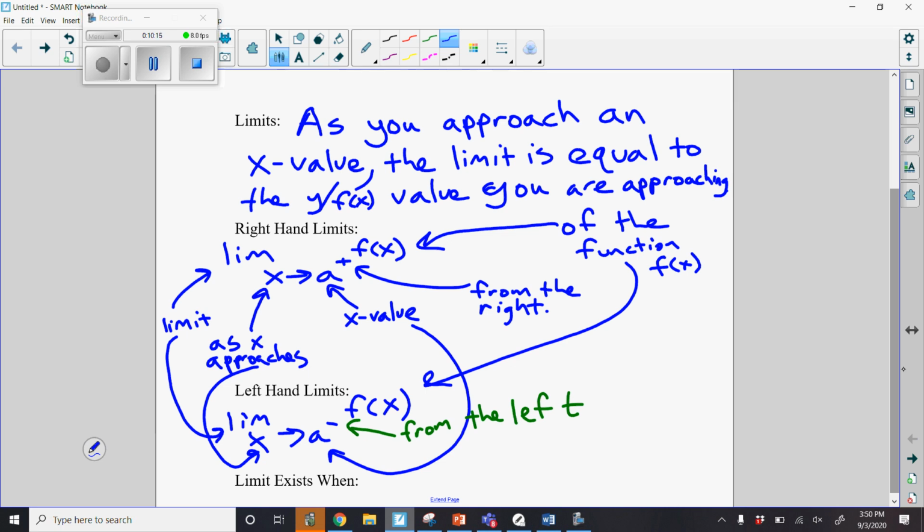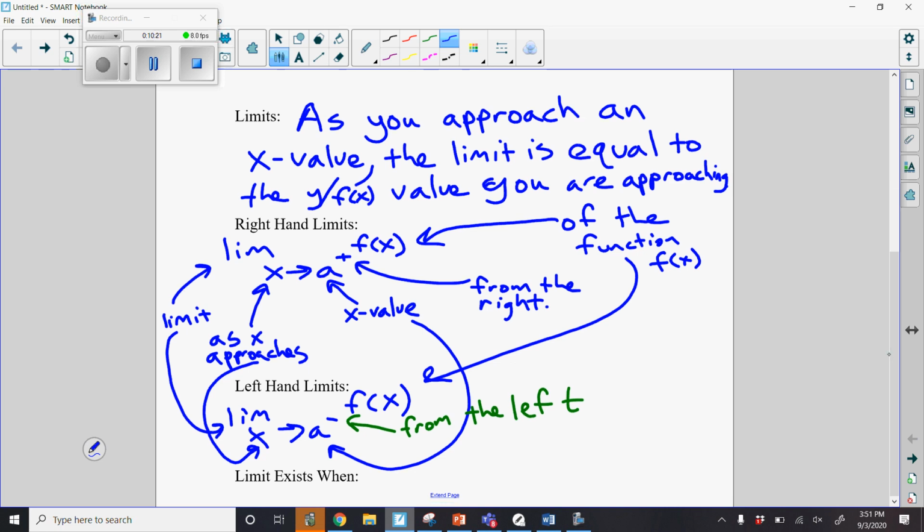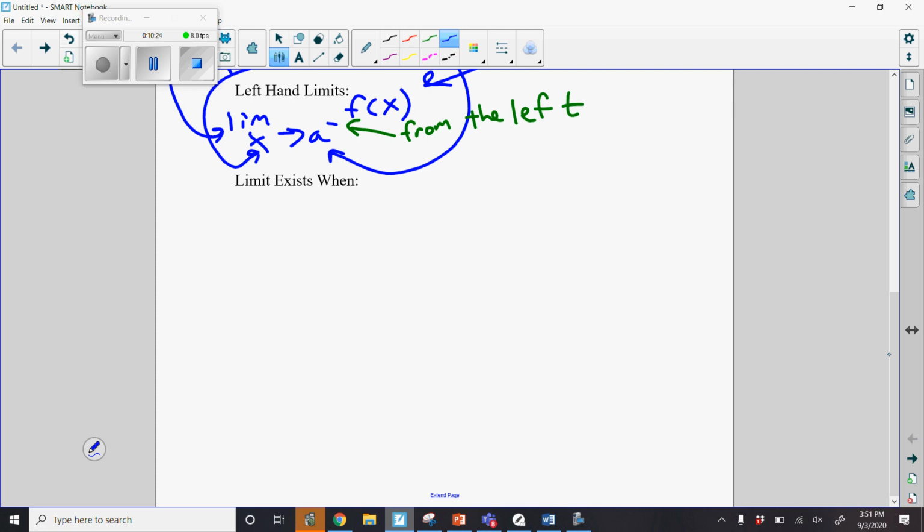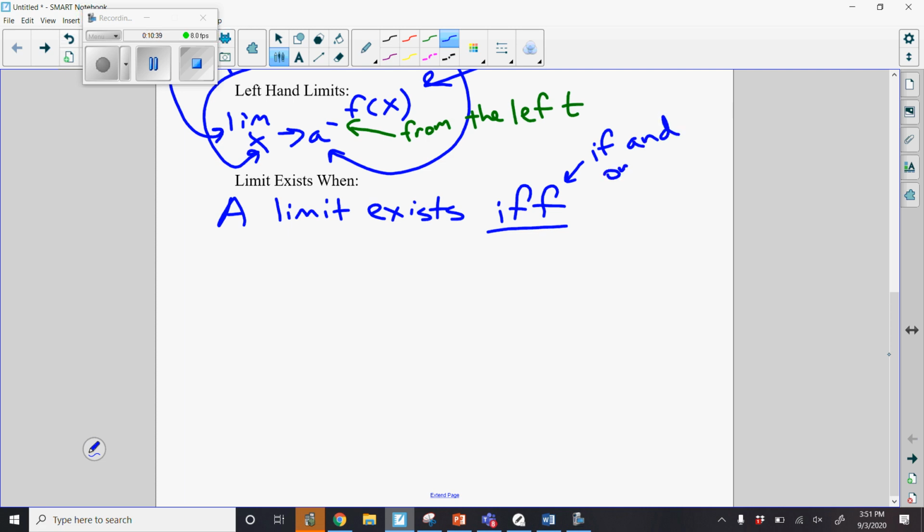Okay? Now, I had to talk about right-handed limits and left-handed limits before I can give you a definition for when a limit exists. So let's take a look at that. So a limit exists if and only if, again, this notation means if and only if, the right-hand limit equals the left-hand limit.